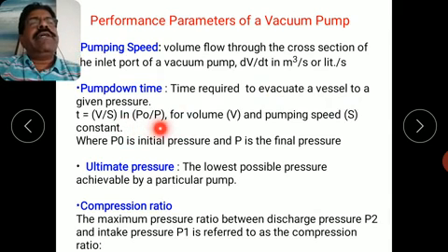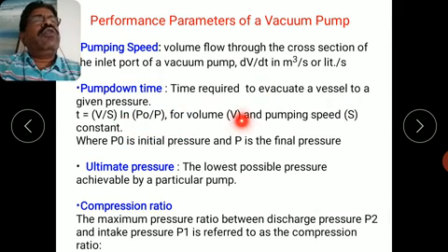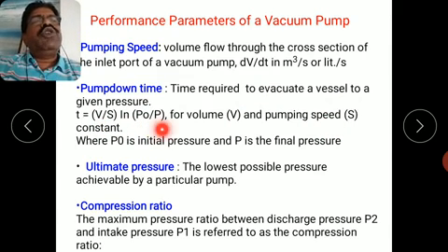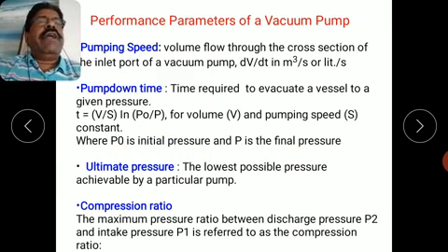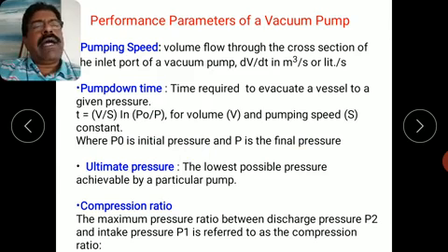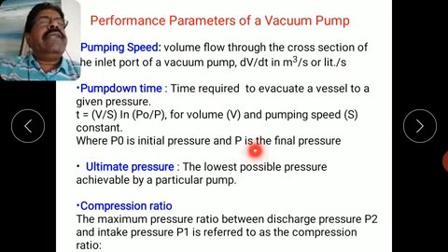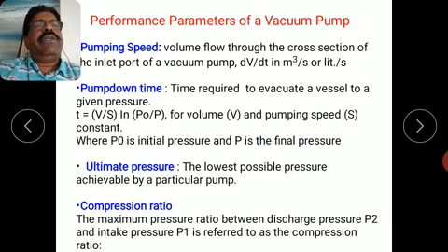Mathematically, for constant volume and constant pumping speed, it is expressed as T is equal to V upon S natural log of P0 upon P, where P0 is the initial pressure and P is the final pressure. Initial pressure means when you start the process of creating vacuum, and final pressure means when you reach the desired vacuum level.